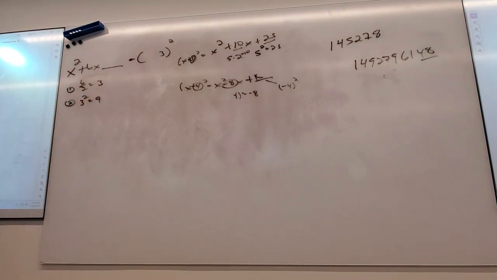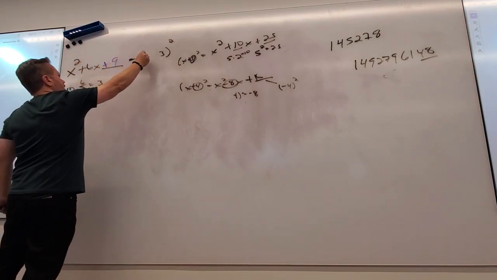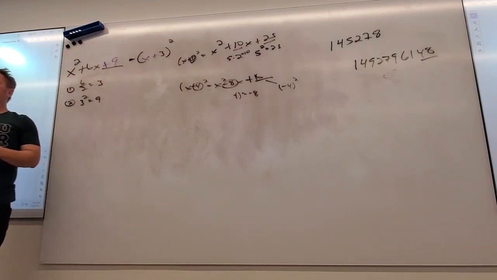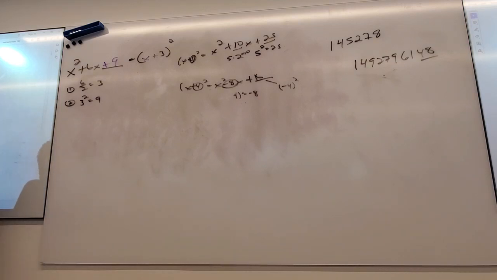So yes, if I add 9, it then factors. I have completed the square. I've made it so that I'm able to write it as something squared. And you're all like, good for you. How does that help me?